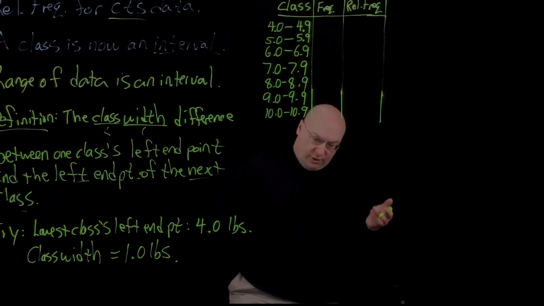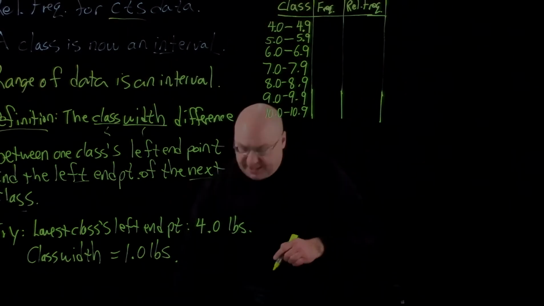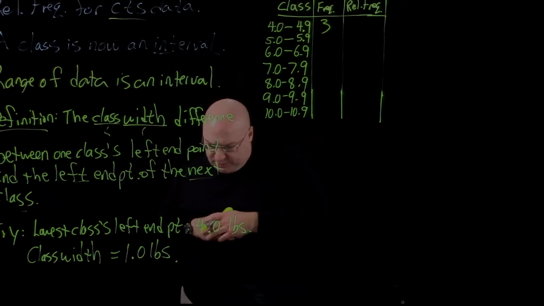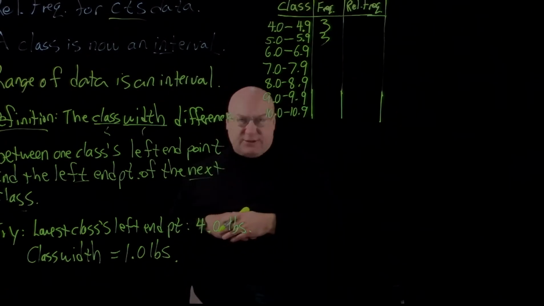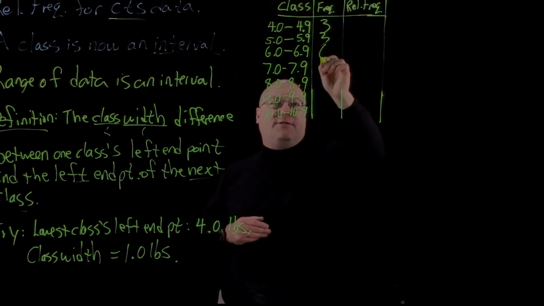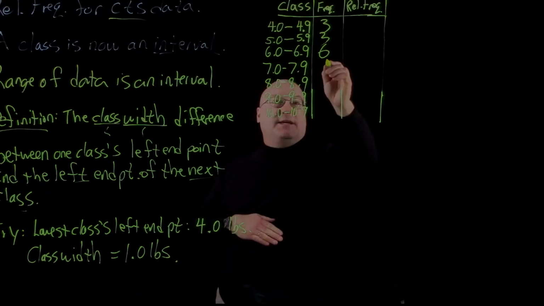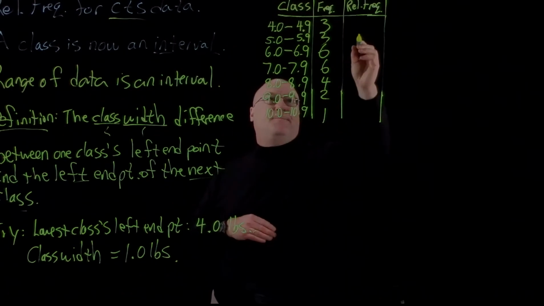Okay, after all that talking, we go through now and look through the data set, and what I get is between 4.0 and 4.9 there are 3. Between 5.0 and 5.9 there are 3. Between 6.0 and 6.9, you could pause me and see if you get these numbers that I'm getting. I get 6, and then I think I get 6, 4, 2, and 1. All right.